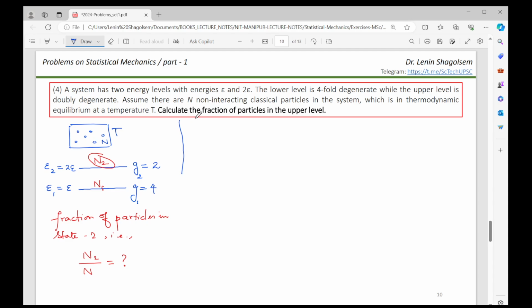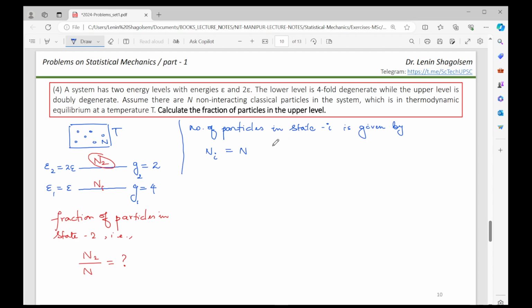The number of particles in state i is given by multiplying the probability of the system being found in that particular state by the total number of particles.